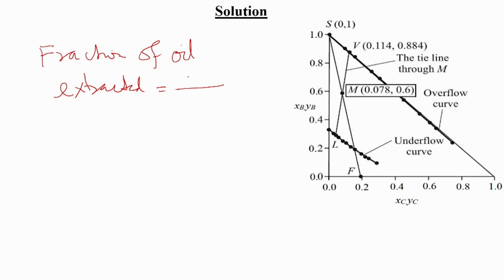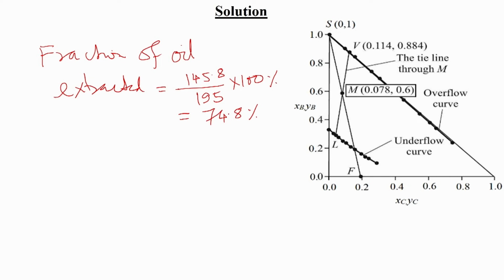Out of this 195 kg, 145.8 kg is recovered, or extracted. So the percentage comes out as 74.8%. Using this single stage operation, 74.8% of the oil is extracted from this leaching unit.